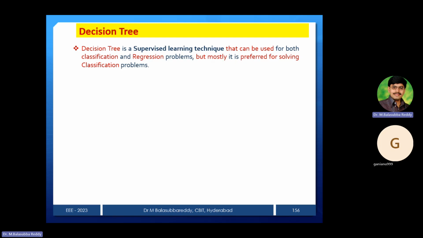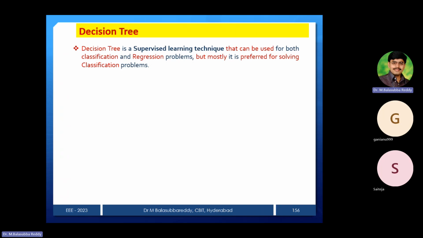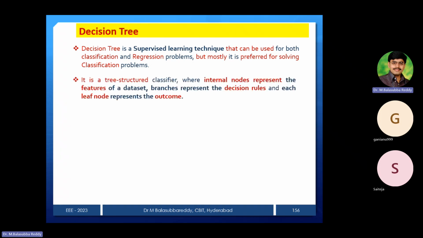This also, we know, is one of the supervised learning techniques. But with respect to the previous algorithms, this can do both things: classification as well as regression problems. But normally, we preferably use it to solve classification problems only.